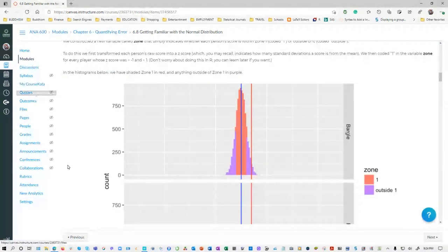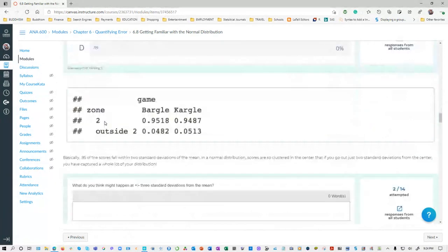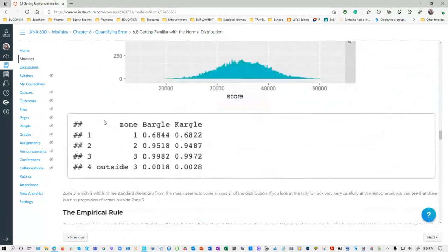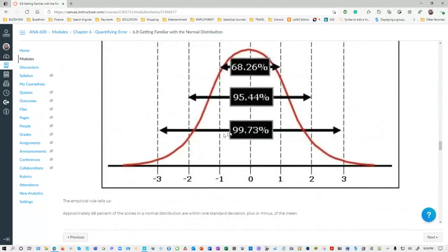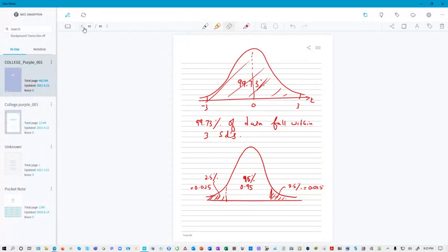The error term has been explained by a normal distribution, which has the properties of bell shape and symmetry. Within one standard deviation, it contains roughly 68% of data. Within two standard deviations, 95% of data. Within three standard deviations, 99.7% of data.